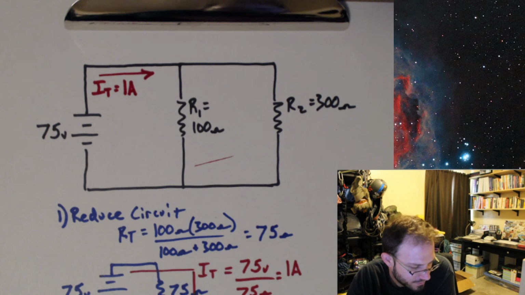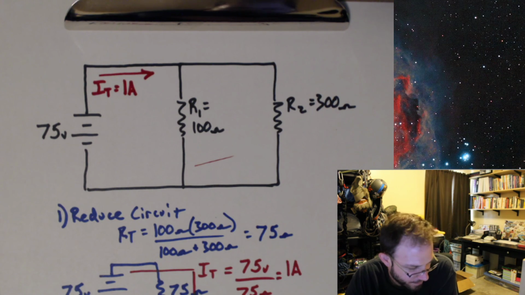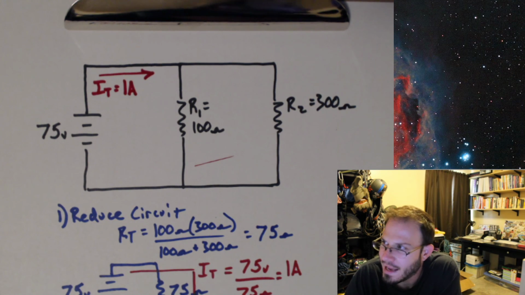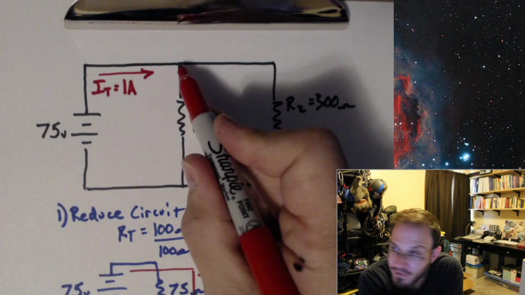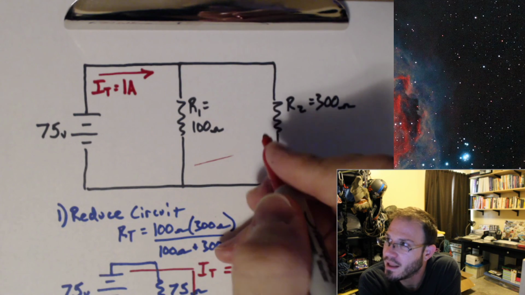Well, I'll tell you what I do know. I just can't find it yet. I know that that total current is entering this dividing node right here. Some of it's going this way, the rest of it's going that way.